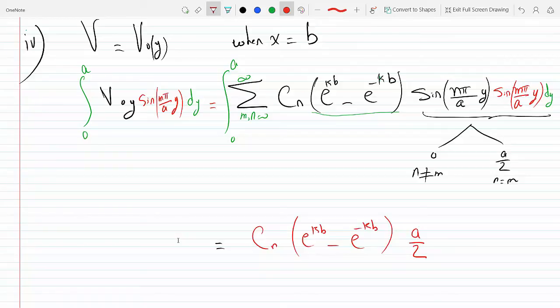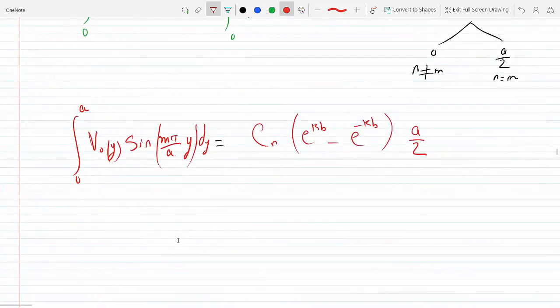Well, v0(y), do we know what v0(y) is? It's some function of y, it's general. So this will have to remain, because unless we know what it is, we can't really integrate it: the integral of v0(y) sine of m pi over a y dy.